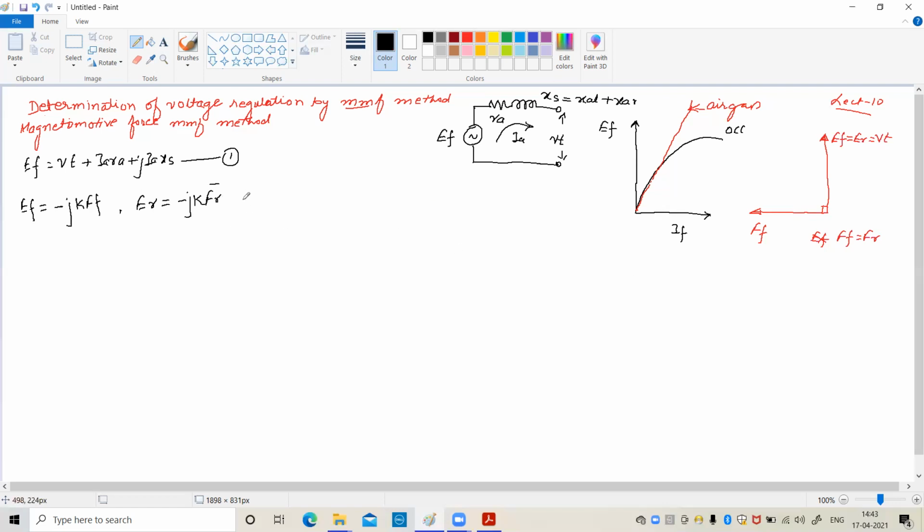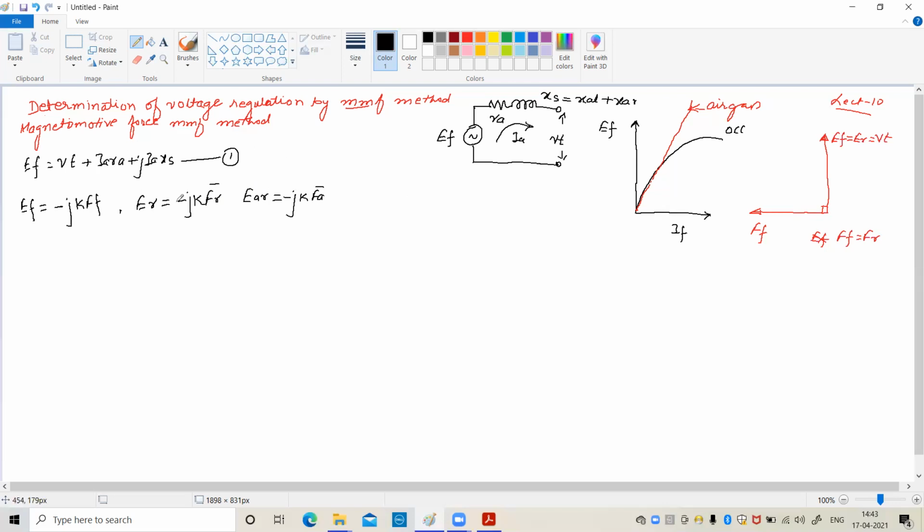And EAR, the EMF induced due to the armature reaction MMF, is equal to minus J K FA, where FA is the armature reaction MMF.